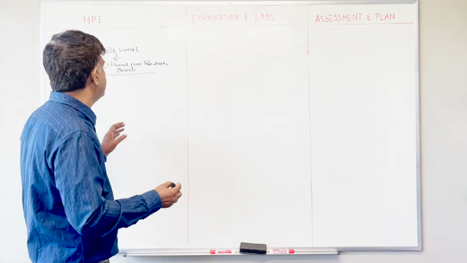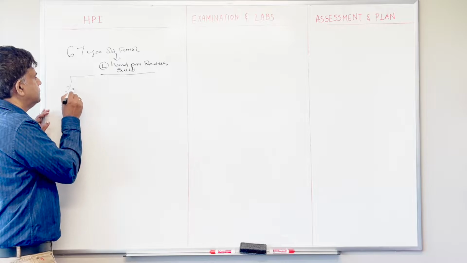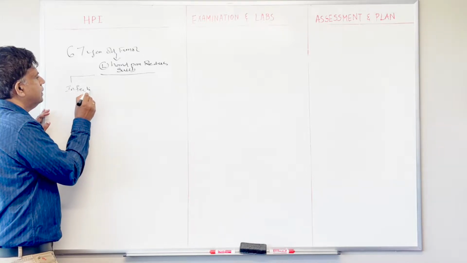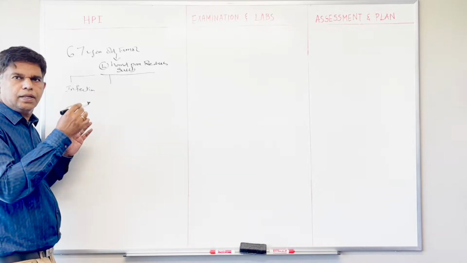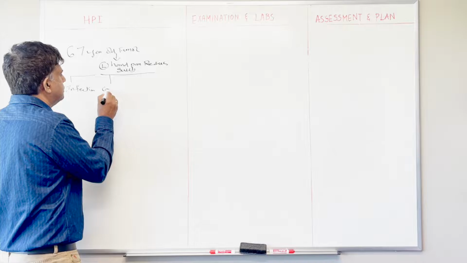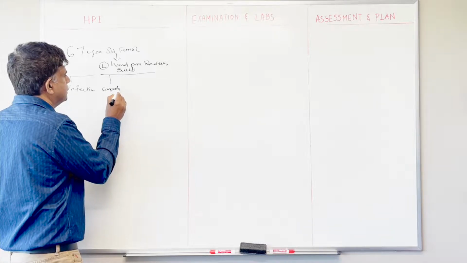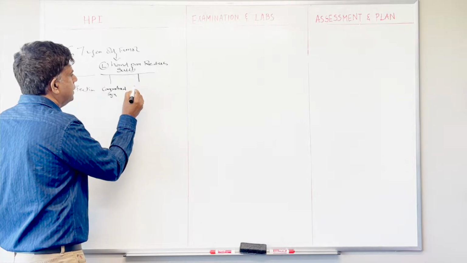Now let's look at our differential diagnosis, right? We'll say like infections, right? I'm going to put the differential diagnosis of the left arm swelling. We can say compartment syndrome. What are the other things we can say?